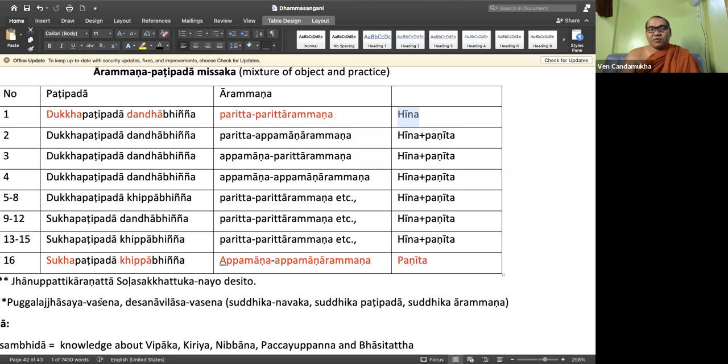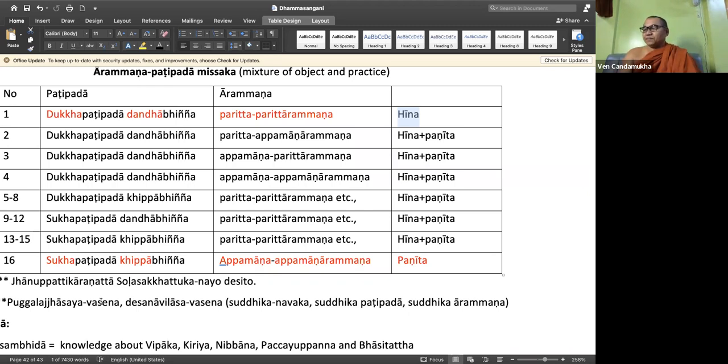So without object and without patipada, no one can claim that they attained the jhana. In order to explain that kind of condition, for the arising of the jhana, the Buddha explained the sixteen-fold method, a mixture of object and practice.